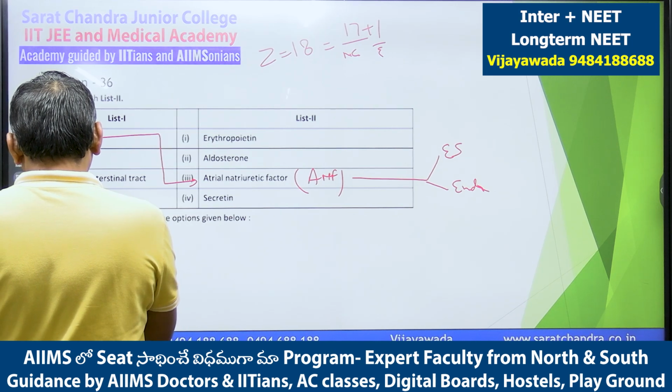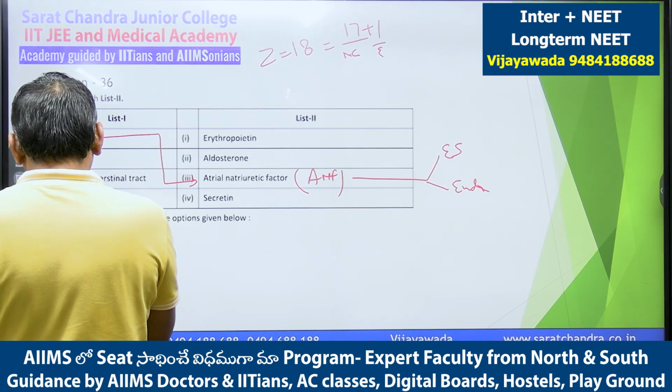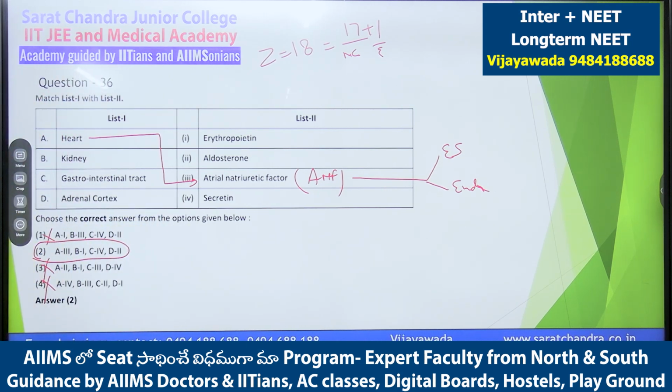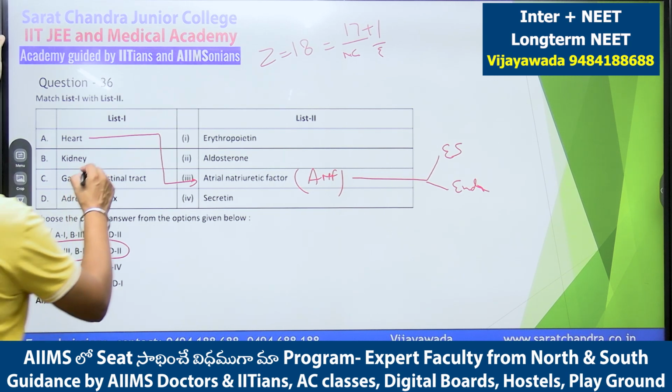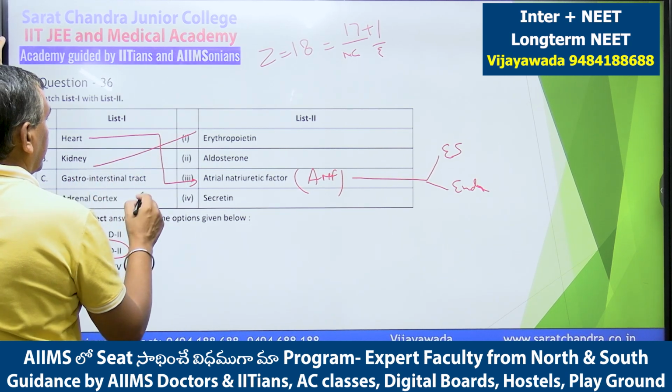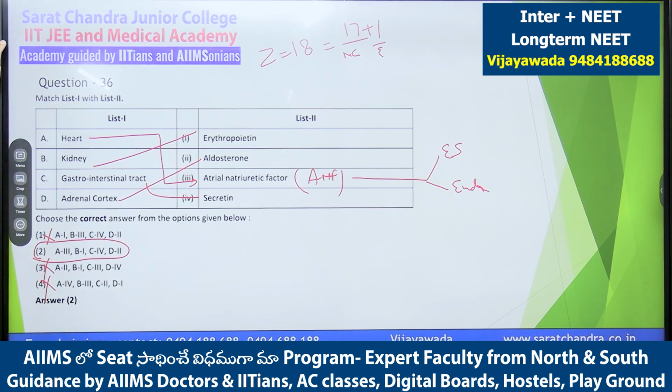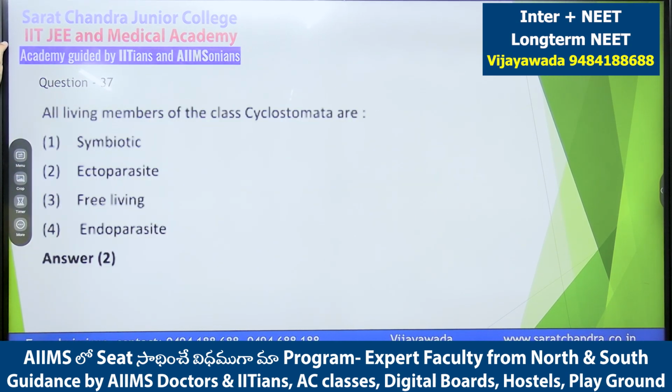You got the answer by spending only 25% of your energy. Kidney secretes erythropoietin, the gastrointestinal hormone. This one is the cortex. So you have to save energy also. Zoology question number 18 finished.